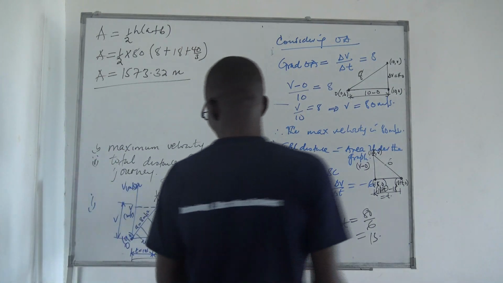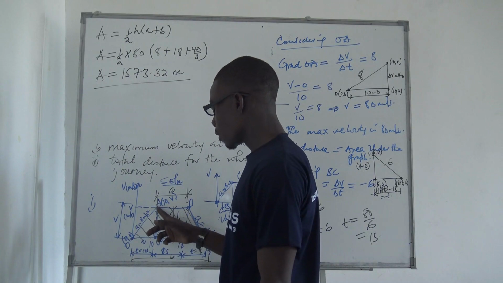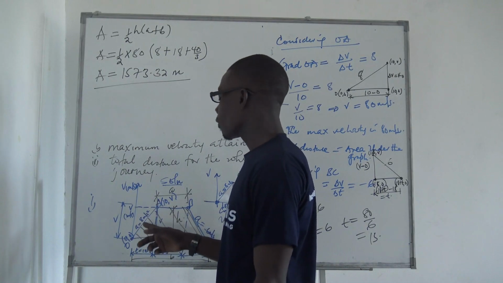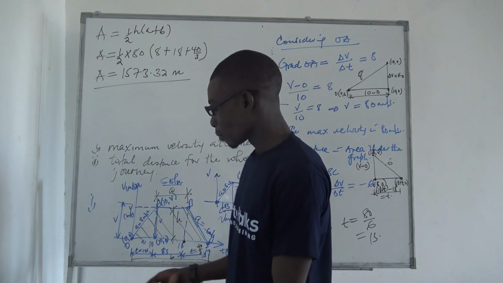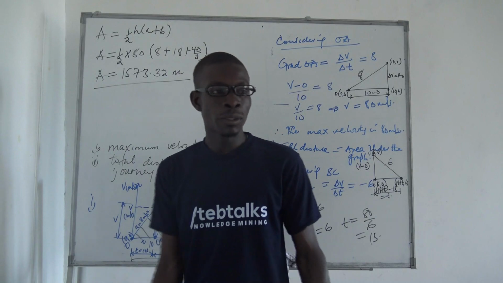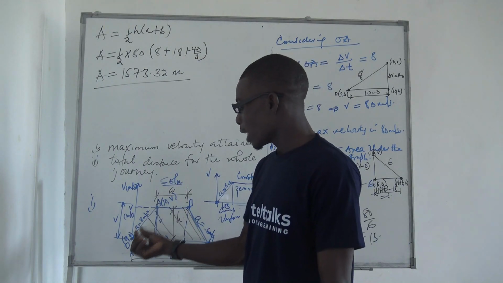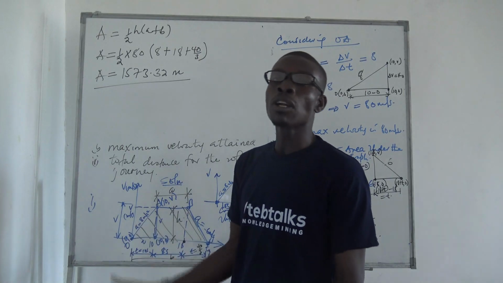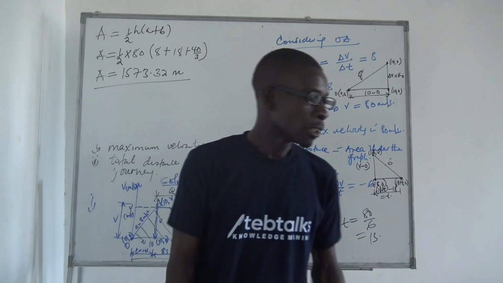So if they ask you to find anything, I can use the gradient method to get acceleration. Or if the acceleration is given, I can use the gradient method to get any other value. Take an example here, we are given this value here. So the gradient of this is 8. And you should be knowing how to calculate gradient, isn't it?